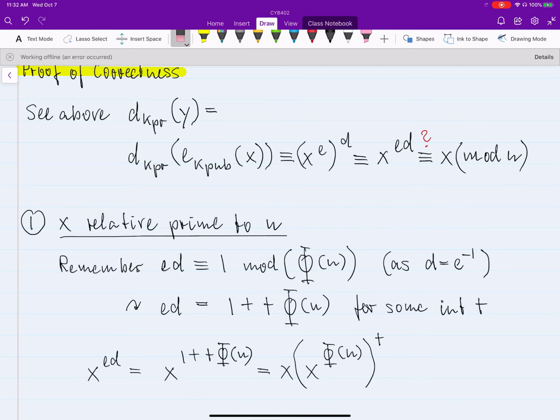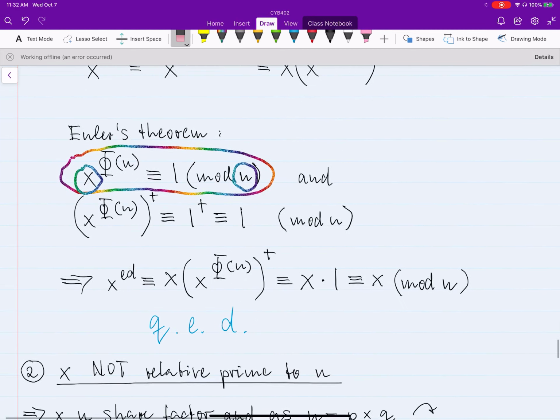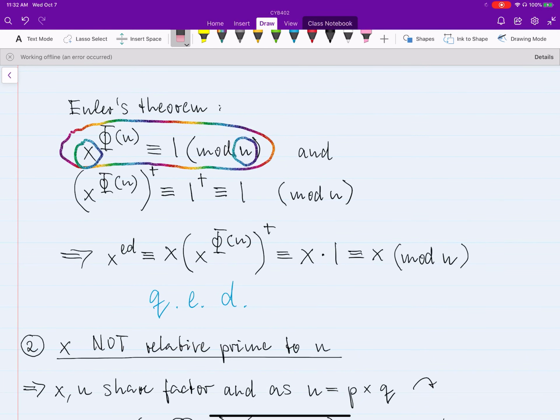Otherwise, Euler's theorem is not applicable. So if x is relative prime to n, then x to the phi of n is congruent 1 modulo n.